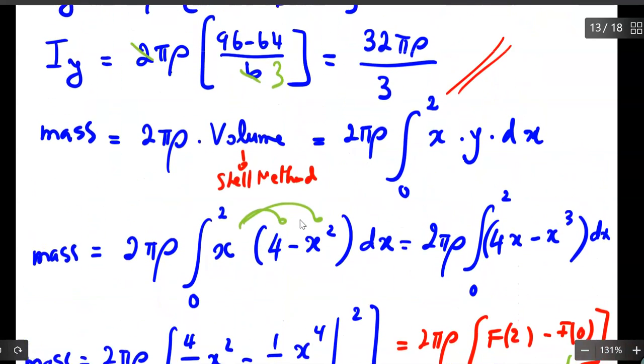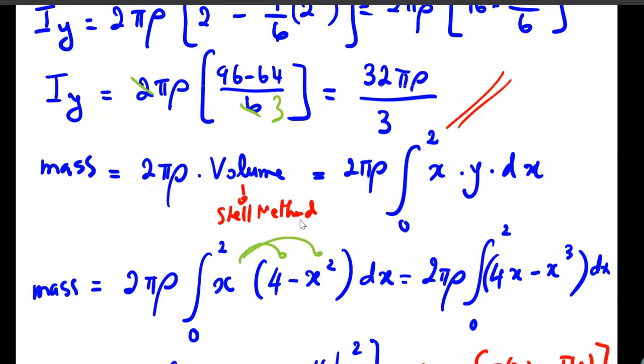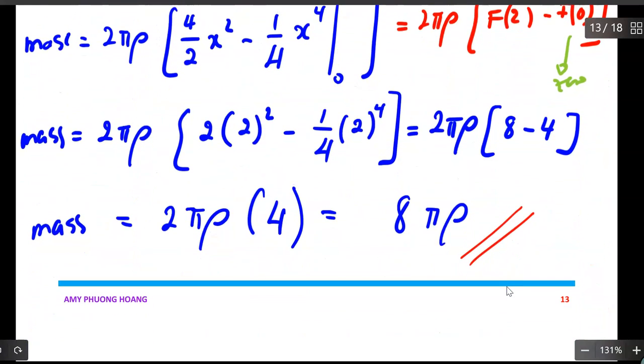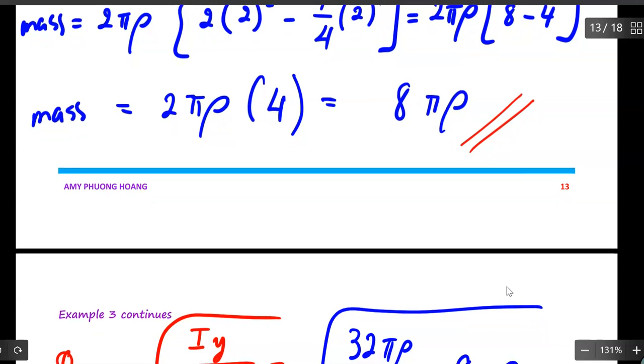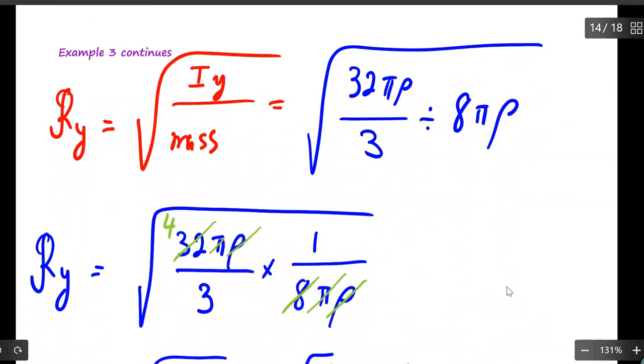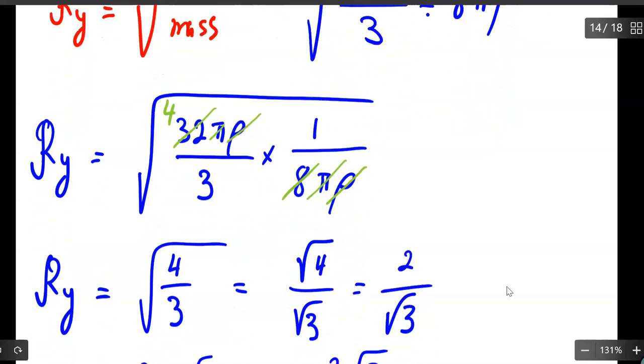So using the shell method, then we have the formulas for our volume, which is these formulas. And then the x is always there, but your y is the function y in terms of x. Substitute your function y in terms of x into here, expand, and then integrate. After you find the mass, you can see that the pi rho is there. And if you substitute into this equation, you see the pi and the rho will cancel itself out.